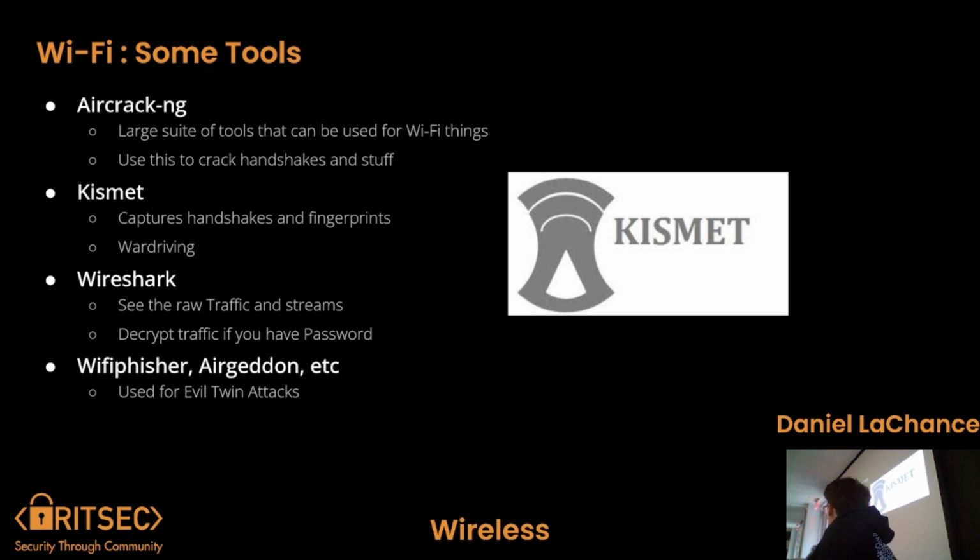Then Wireshark, you can also use to see traffic in specific streams. You can use Wireshark to decrypt packets if you have the Wi-Fi key. And then some other tools, like Wifiphisher and Armageddon, you can use for evil twin attacks. I should also mention what an evil twin attack is. An evil twin attack is an attack where you have two wireless access points, really one target one.